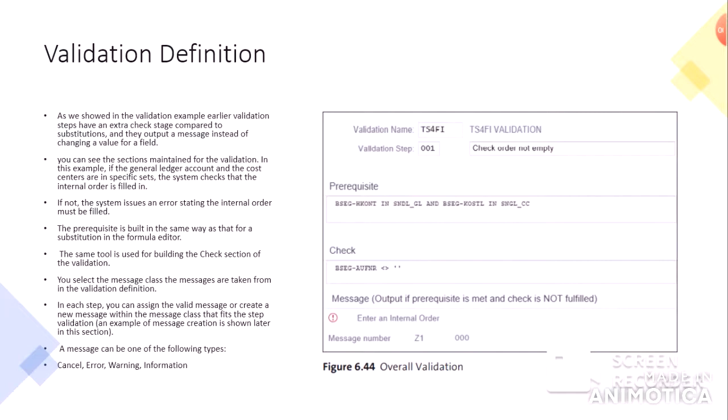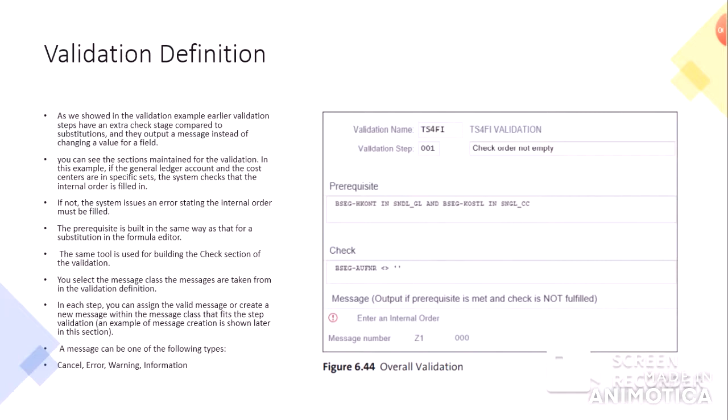So we have updated the sets here. If this general ledger account is in this set SNDL_GL and this cost center is in set SNGL_CC, the system checks that the internal order is filled in.